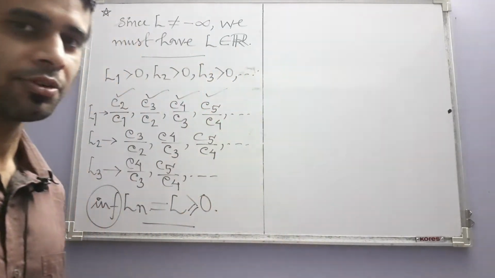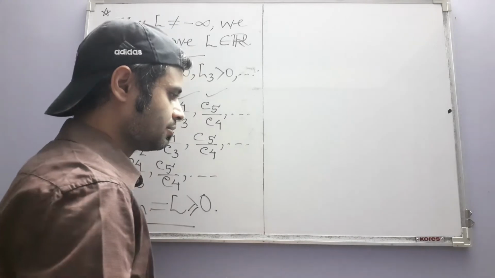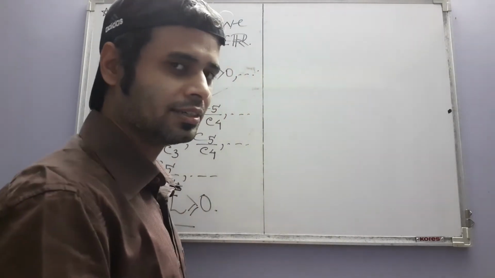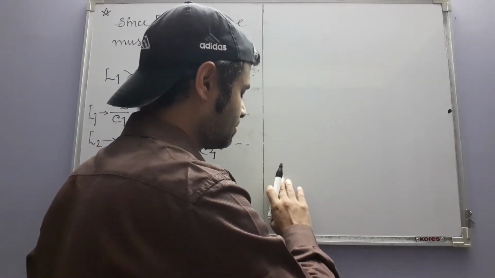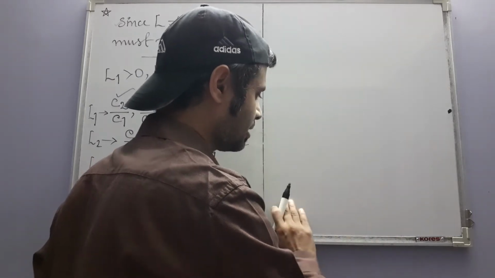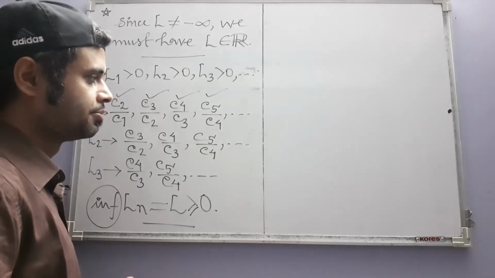That's what we always do in analysis, right? In the beginning itself, it's like we have sort of an epsilon fetish. Every time we are trying to take some epsilon, no matter what the situation is.